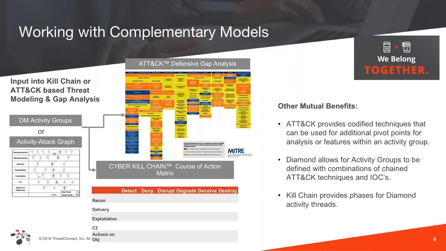And I'm pretty excited about what the future of ATT&CK is overall, but in particular in how it can work with the diamond, and also is probably a bit more established with how the diamond and the kill chain can work together. So probably one of the more advanced moves that you can do with the diamond is building up inputs into threat modeling.